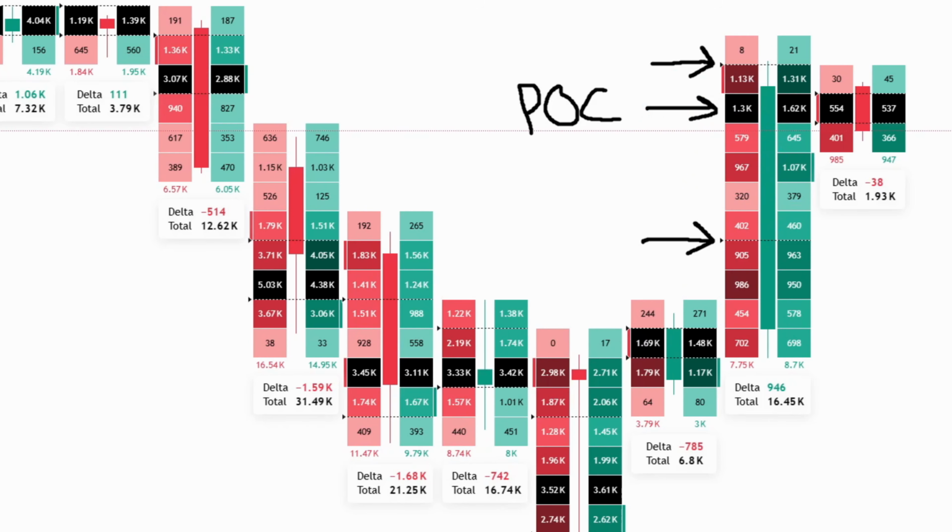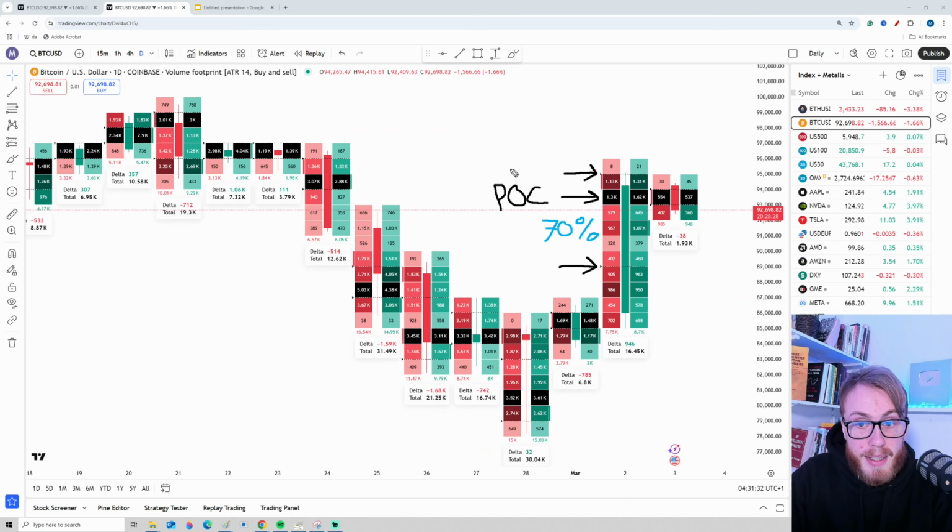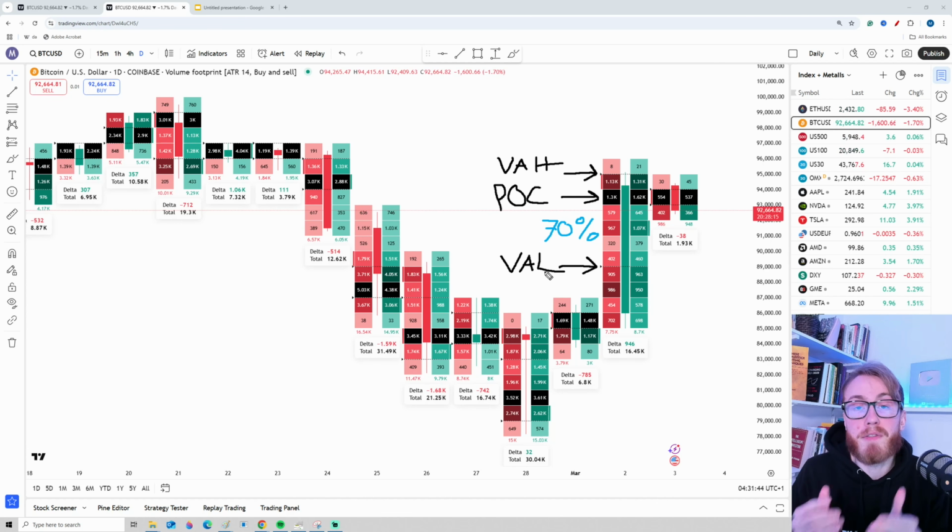In this area, 70% of the total volume in that candle got traded. And the upper limit of this area is known as the value area high, or for short, VAH. And the lower limit of this area is known as the value area low, or for short, the VAL.